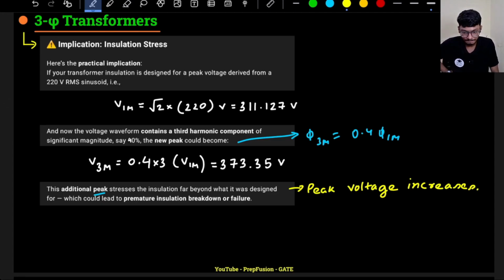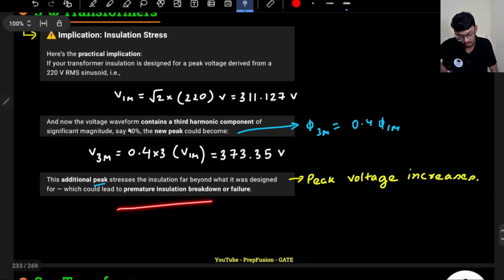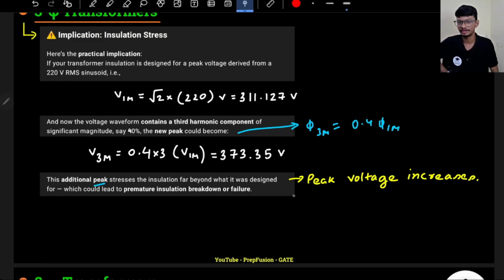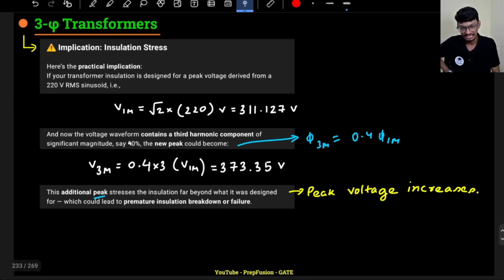That is the case over here. So there can be chances of insulation breakdown or failure. That's why we generally tend to avoid the star-star connection, because the peak value of the voltage can increase. So that is a bad disadvantage of this ungrounded star connection.